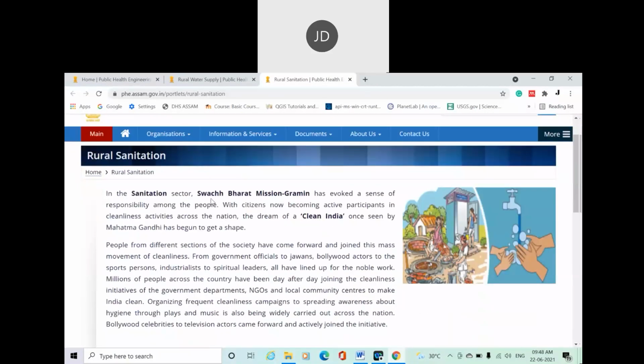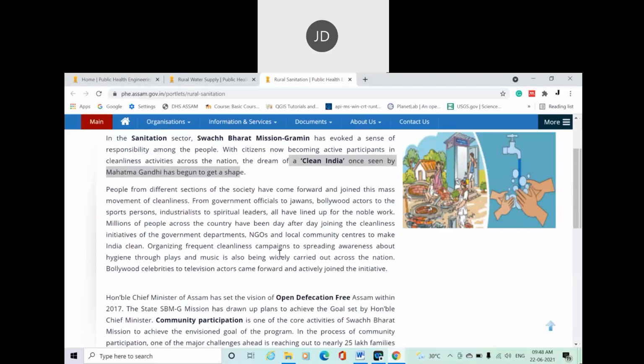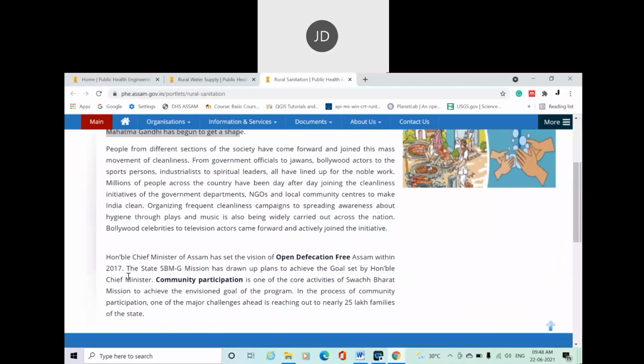you can see Swachh Bharat Mission Gramin. It's highlighted here. It's a slogan practiced by the Government of India and even our state government. Basically, it's the dream of a clean India, seen by Mahatma Gandhi, beginning to take shape.